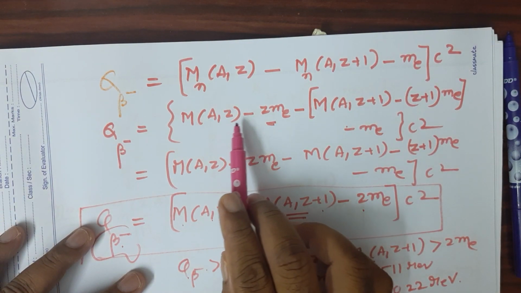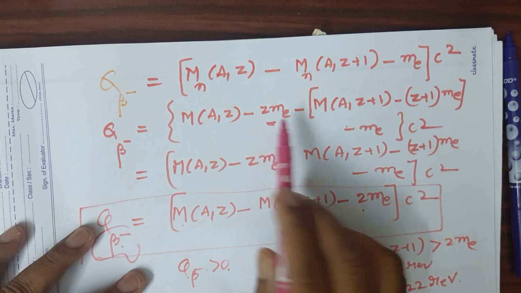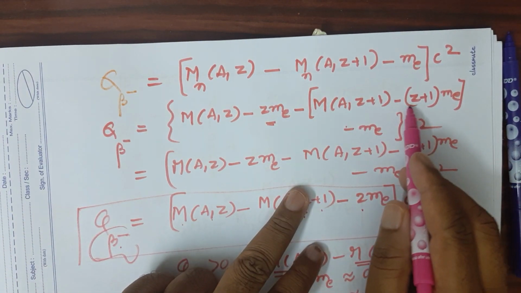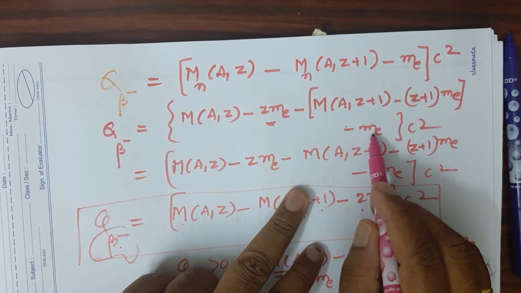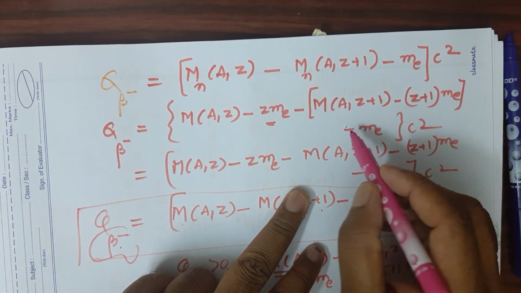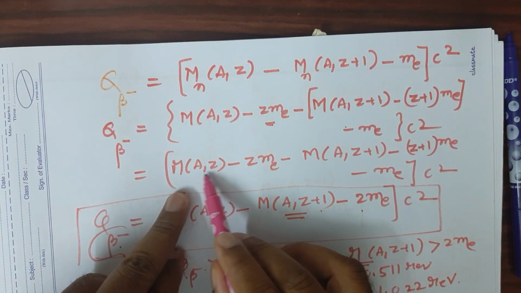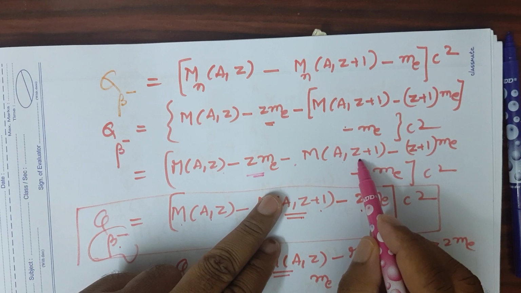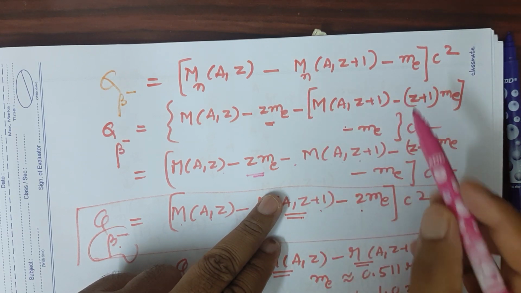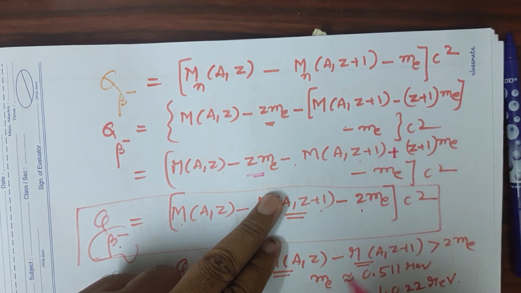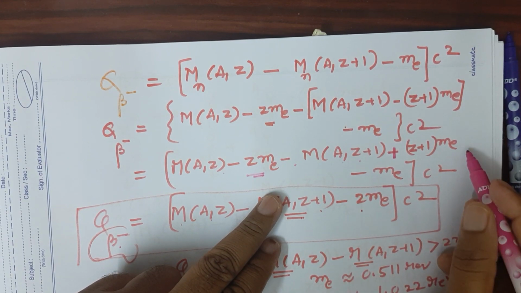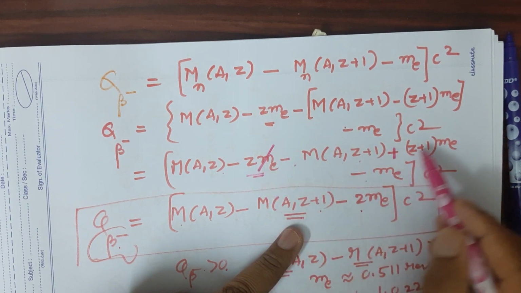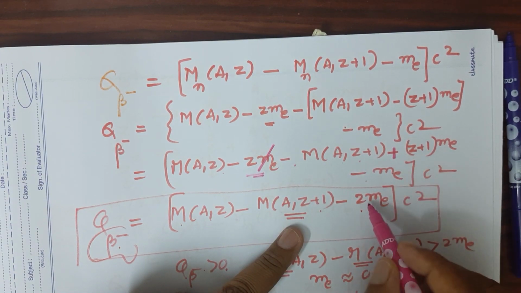So this is M of A Z minus Z Me, minus M of A Z plus 1 minus Z plus 1 into Me, minus Me, into c squared. Minus into minus gets plus, Z plus 1 Me minus Me, c squared. Then minus Z Me plus Z Me cancel, and plus Me minus Me cancel.